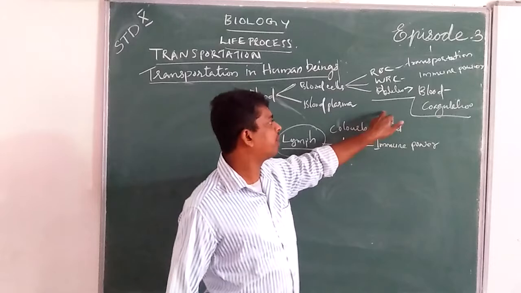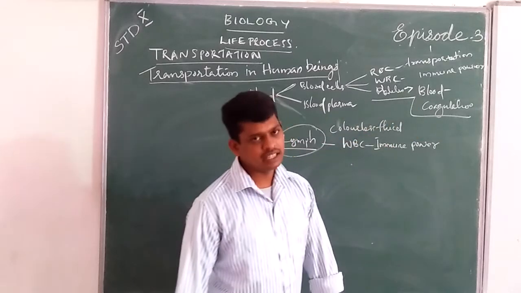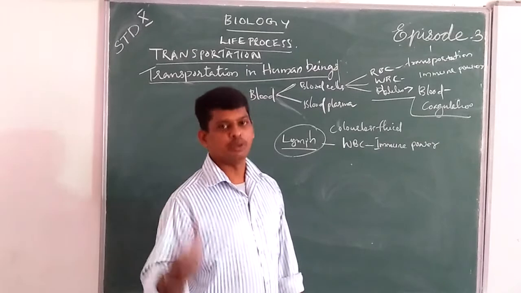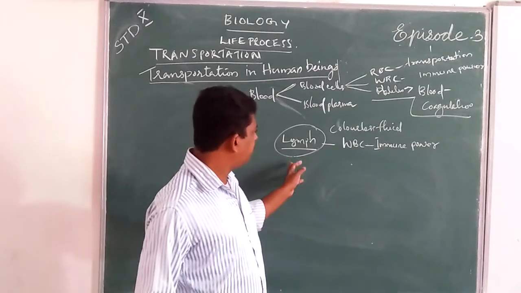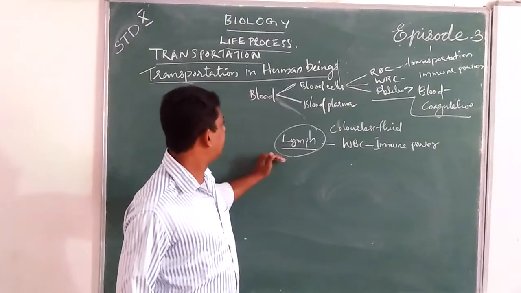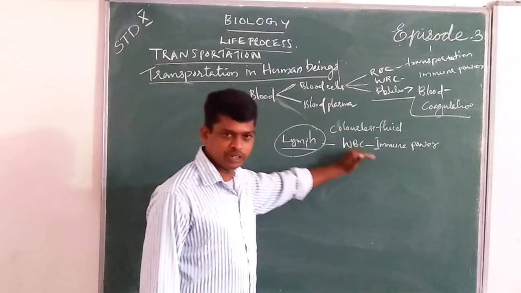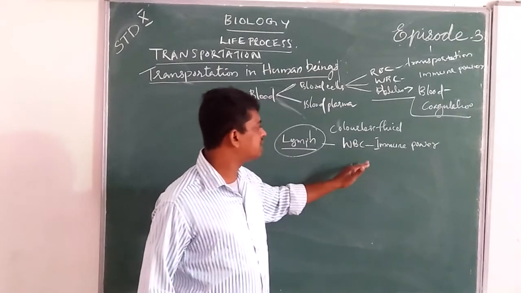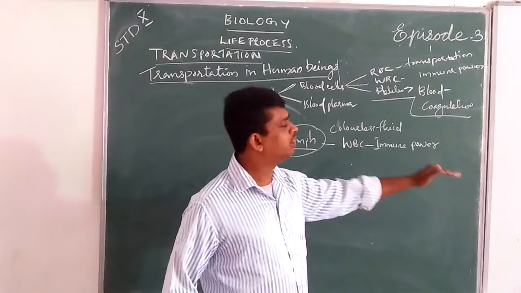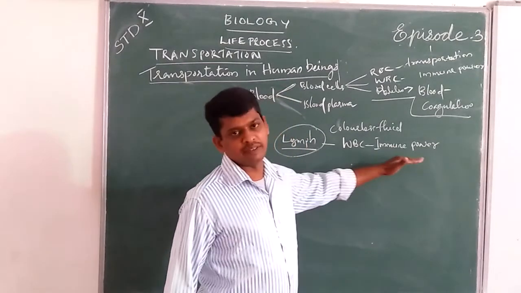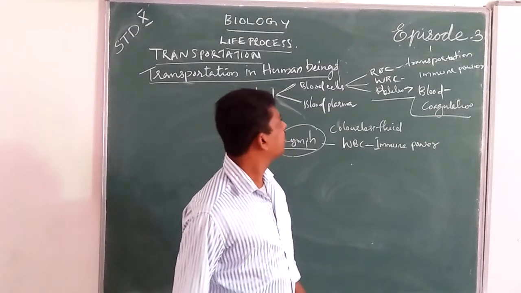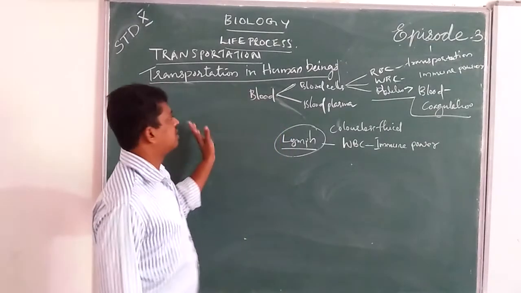And platelets, whose main function is blood coagulation that prevents blood loss from the body. And lymph is another immune power providing material, a colorless fluid containing more WBC that provides more immune power, protecting from harmful microorganisms. This is the blood circulation.